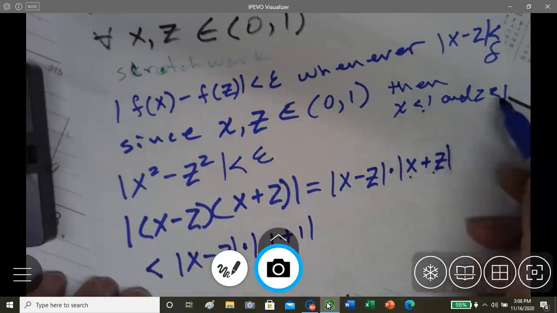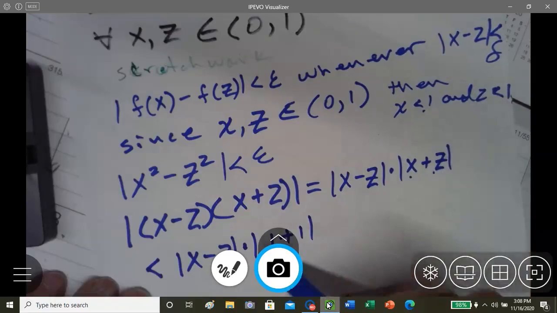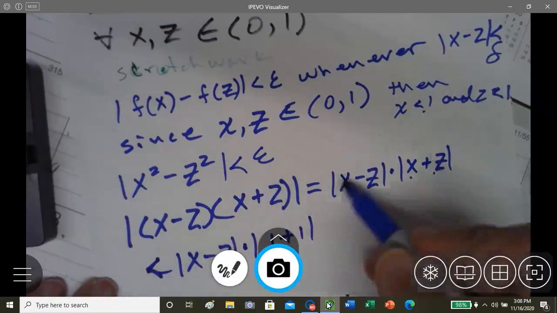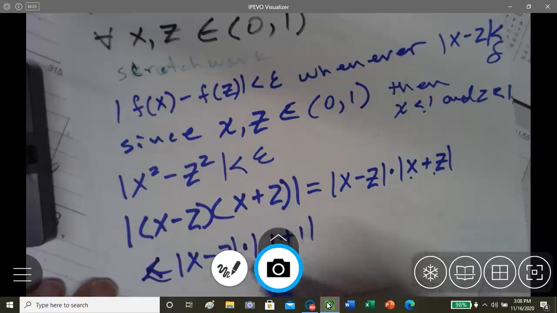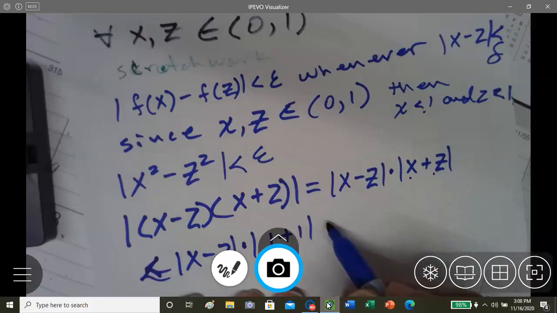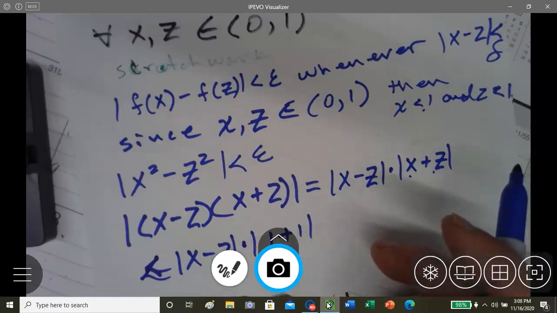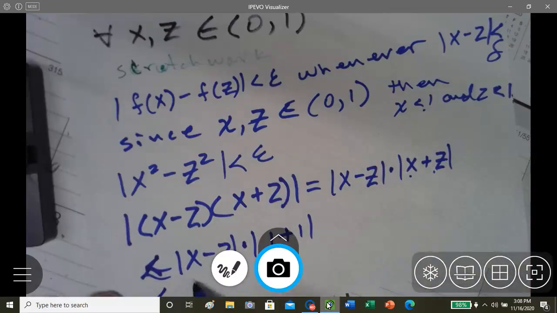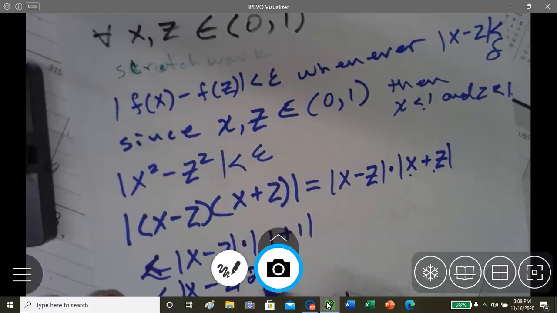Because x is less than 1 and z is less than 1, they both must be less than this. So that's going to give us that this is less than the absolute value of x minus z times 2, since 1 plus 1 is 2.